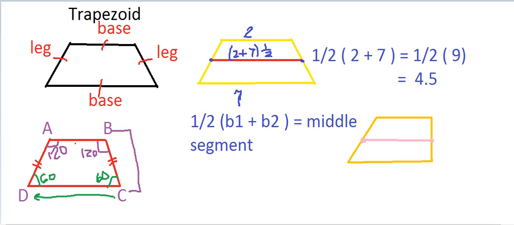The same concept applies: the sum of the measures of the bases, divided by 2, is the measure of this pink segment. But the bases don't have the same measure.